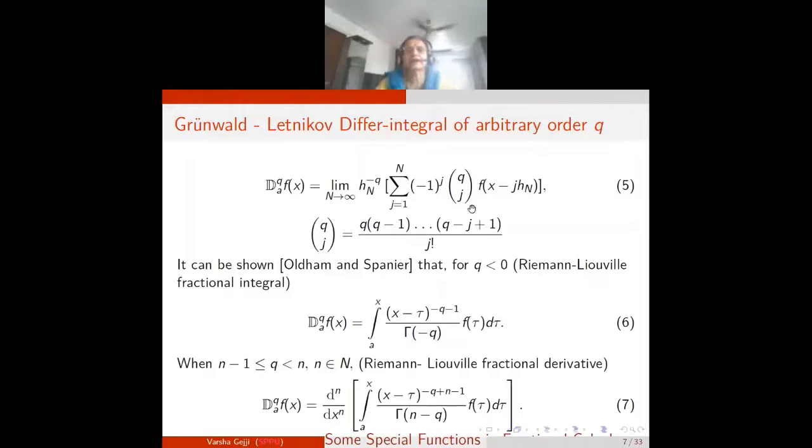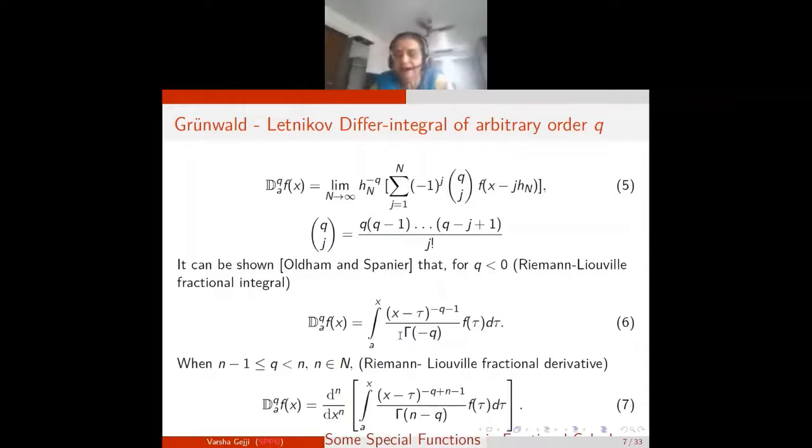That this integral 5, this limit, is nothing but this Riemann sum given in 6. So when q is negative, you can show that it is this integral from a to x. When f has some decent conditions, such as f prime is integrable or f is continuous.